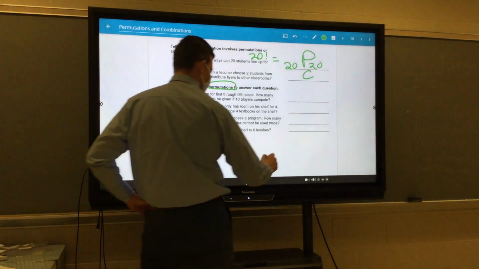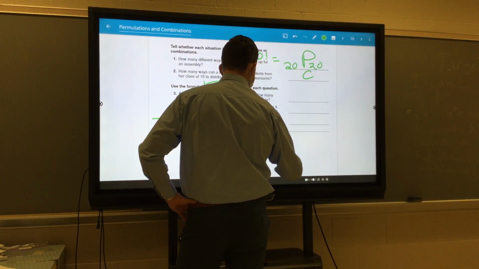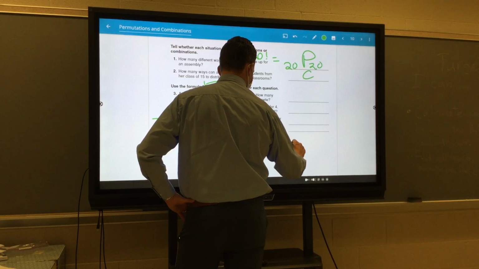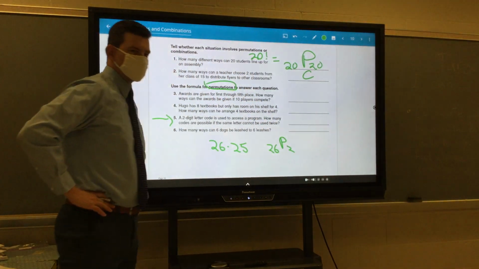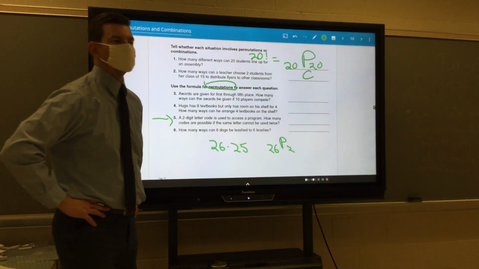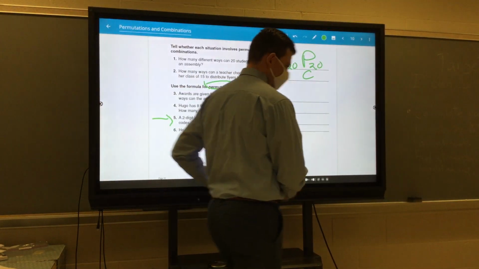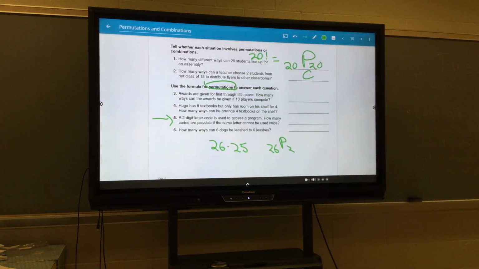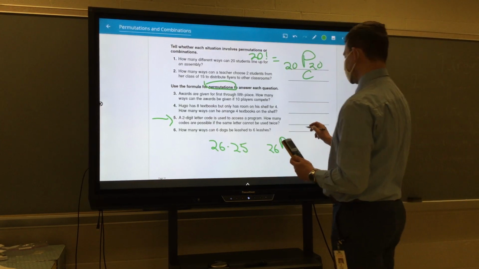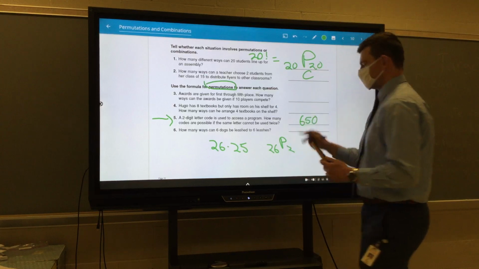Multiply them together, or you could think of this as a permutation. Of those 26 options, you're choosing 2. You cannot reuse them. So 26 times 25, 650 possibilities.